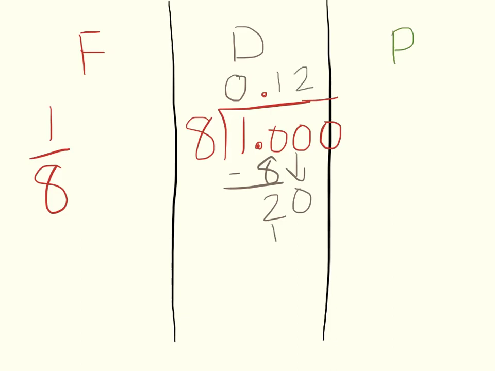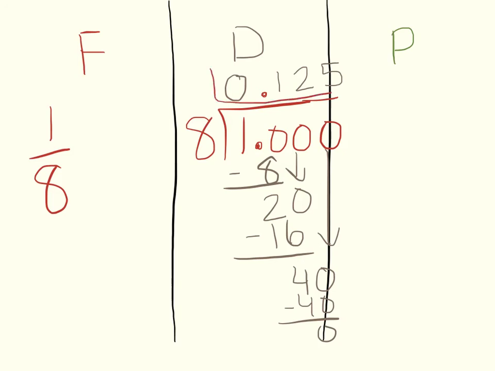2 times 8 is 16. 20 minus 16 is 4. Bring down the 0. 8 goes into 40 5 times. 5 times 8 is 40. Subtract, there's nothing left. So what I get here is a decimal value of 125 thousandths.